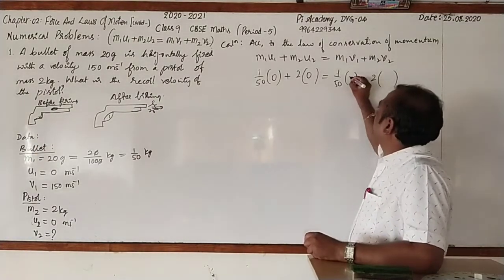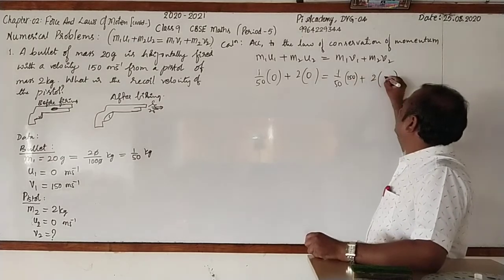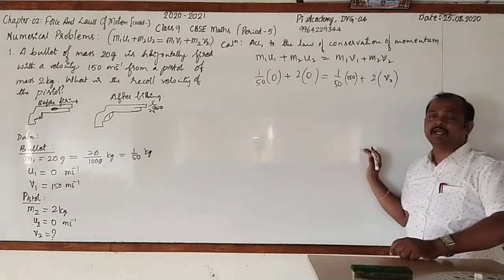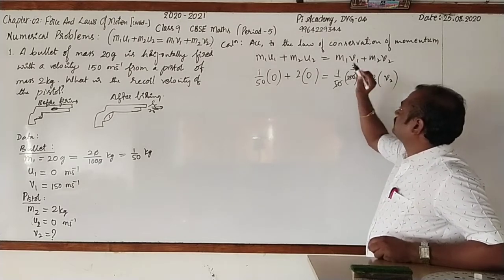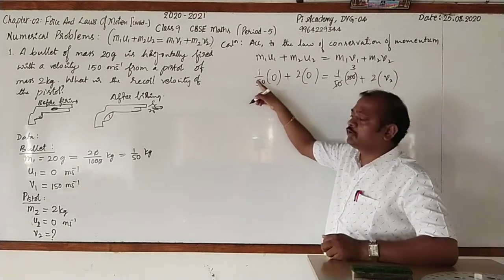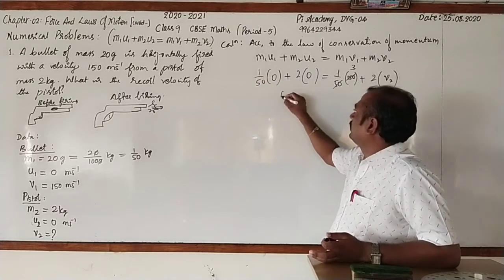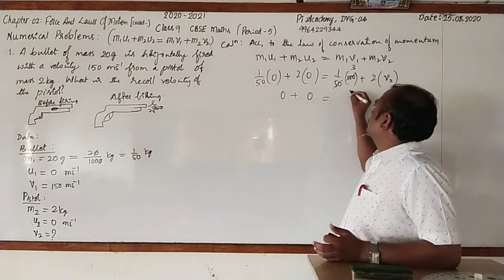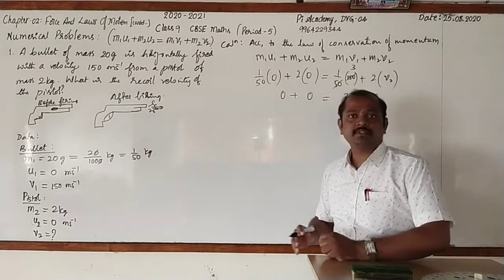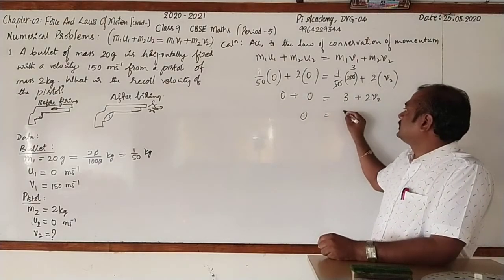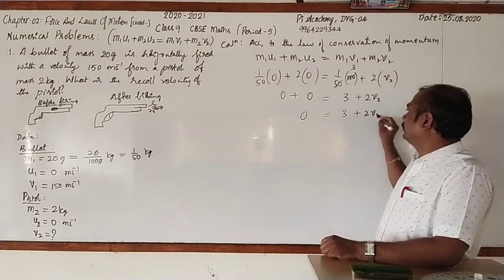Here I write V1 is 150. It is unknown V2. You may keep that as it is. Observe it. 50 ones are 50, 3 are 3. Your 0 into anything is 0 plus 0. It's equal to 3 plus 2 V2. 0 plus 0 is 0. It's equal to 3 plus 2 V2.